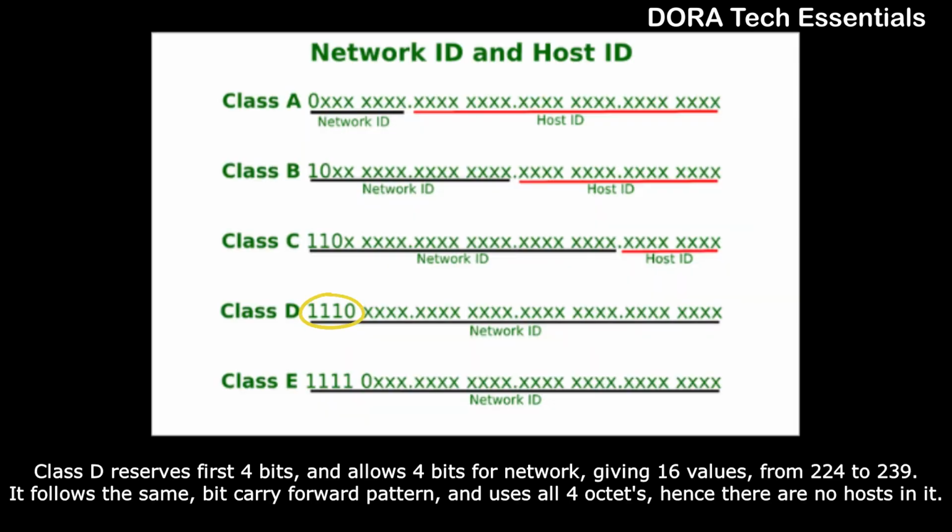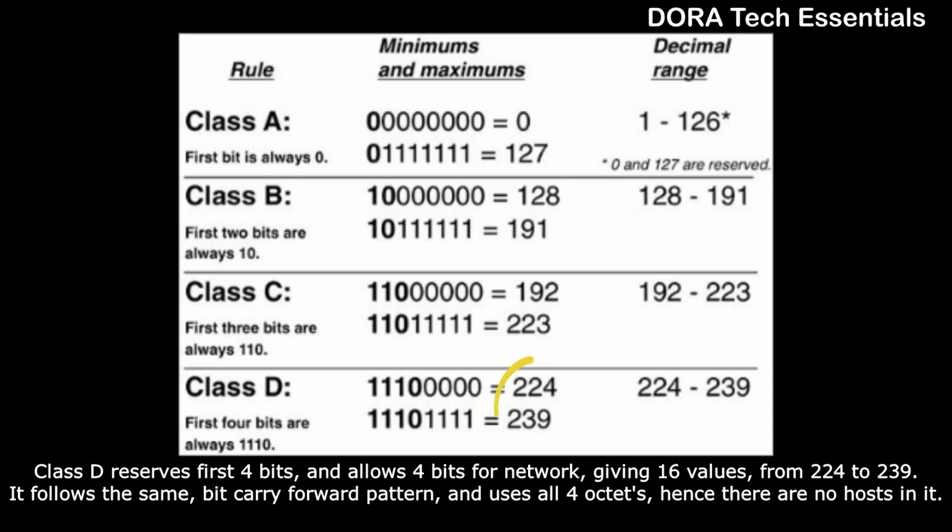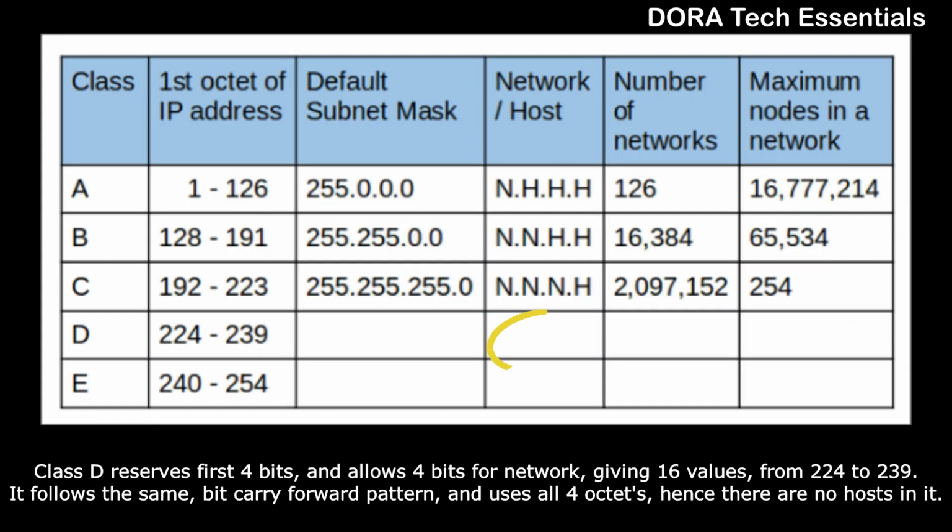Class D reserves the first 4 bits, and allows 4 bits for network, giving 16 values, from 224 to 239. It follows the same bit carry forward pattern, and uses all 4 octets, hence there are no hosts in it.